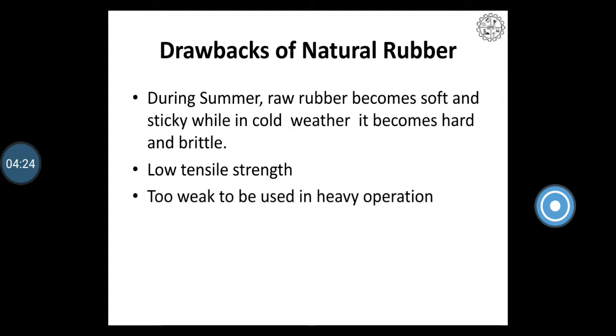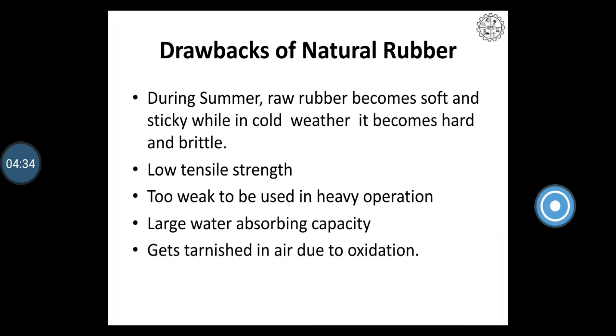It is too weak to be used in heavy duty operations. It has large water absorbing capacity and it gets tarnished in air due to oxidation. These are the various drawbacks due to which natural rubber is not used for direct application.